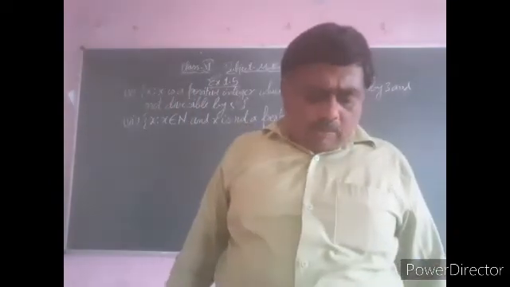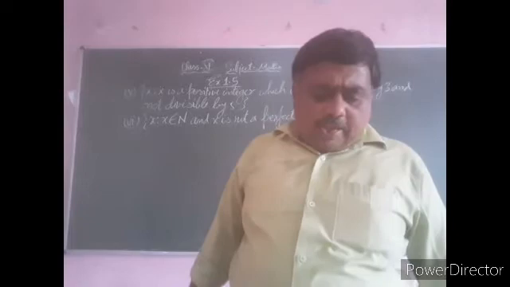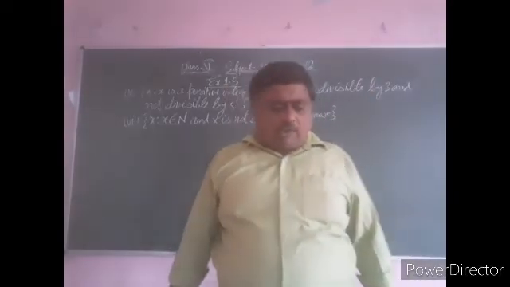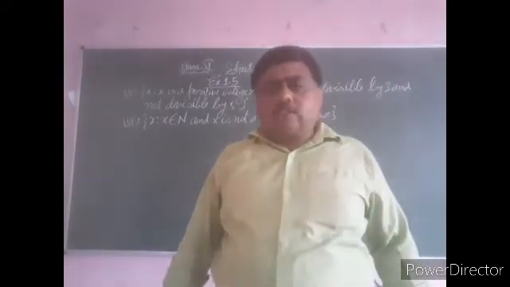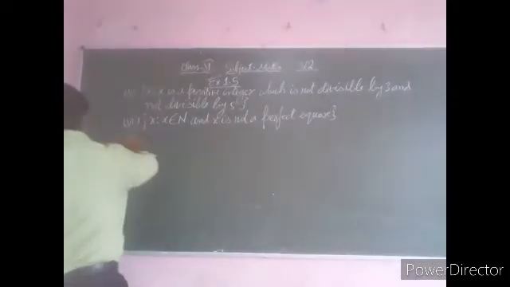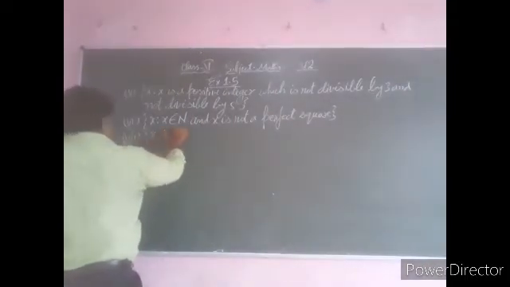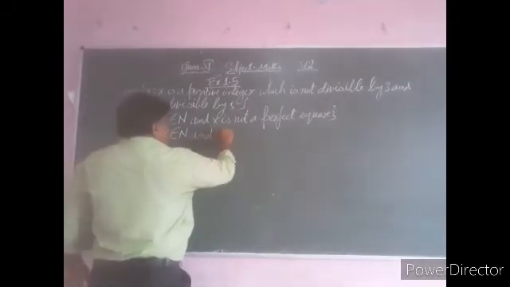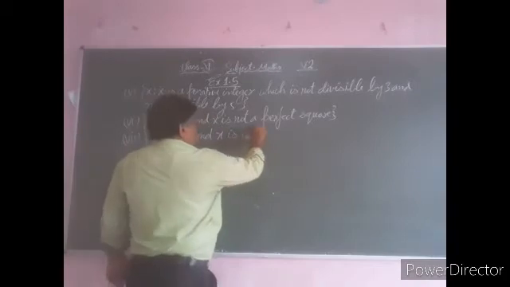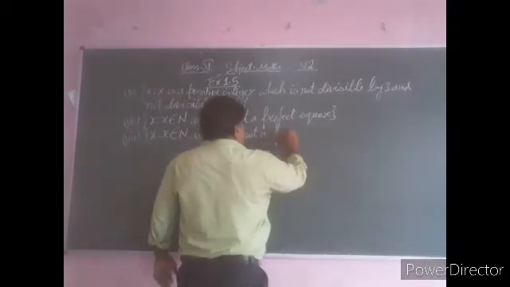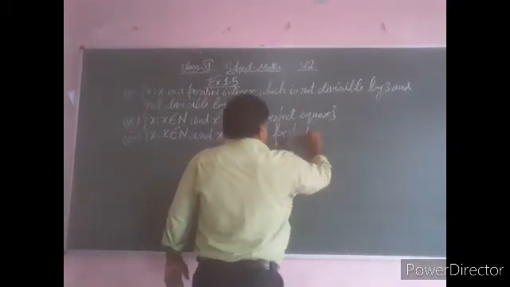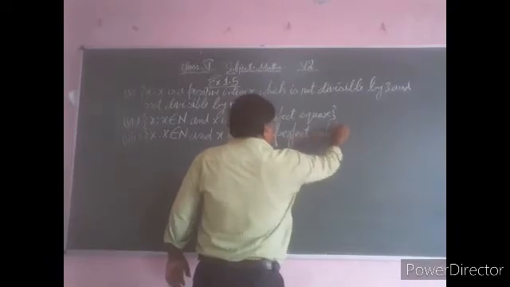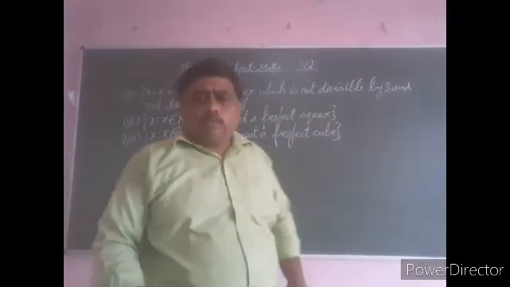Now seventh, {x such that x is a perfect cube}. The complement is {x such that x belongs to N and x is not a perfect cube}.